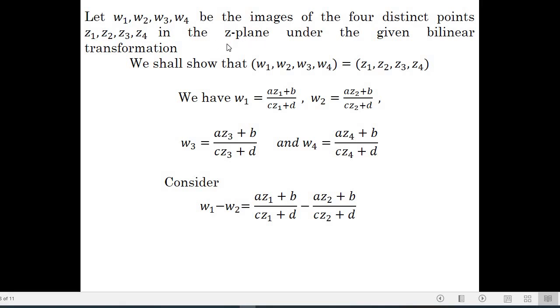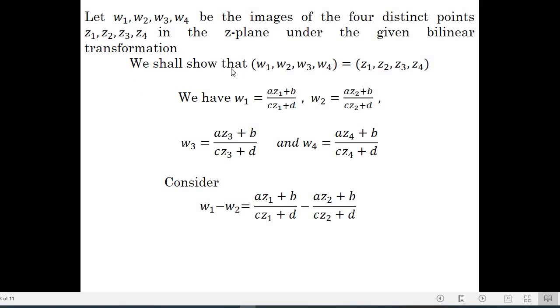So assume that under the given bilinear transformation, the image of Z1 is W1, the image of Z2 is W2, the image of Z3 is W3, and the image of Z4 is W4.